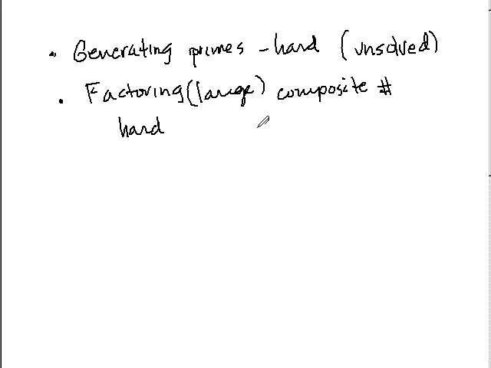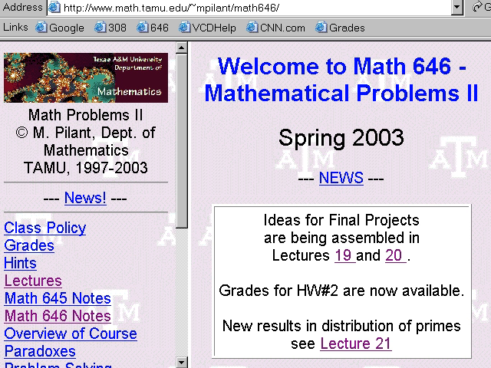Particularly when the composite number is the product of 2 primes, P1 and P2, where P1 is approximately equal to P2. If you have a composite number of, say, 512 digits, and it's the product of 2 primes with roughly 256 digits, it's very, very complicated and expensive to factor.